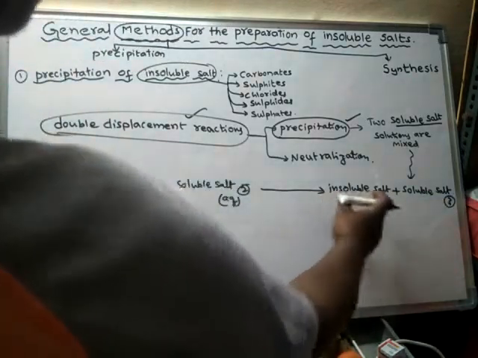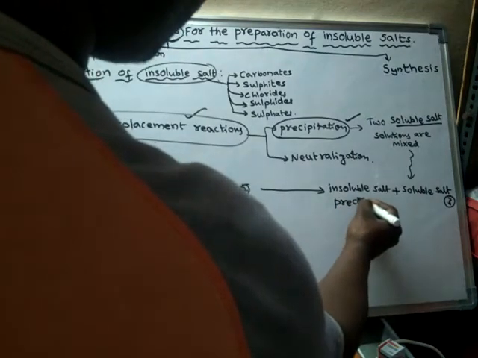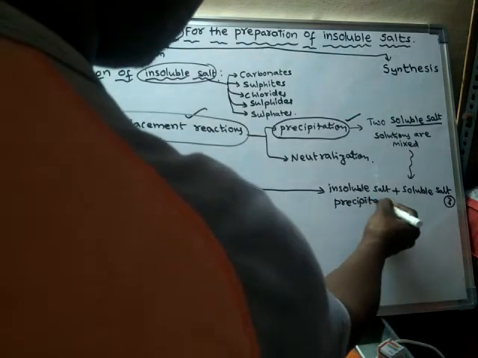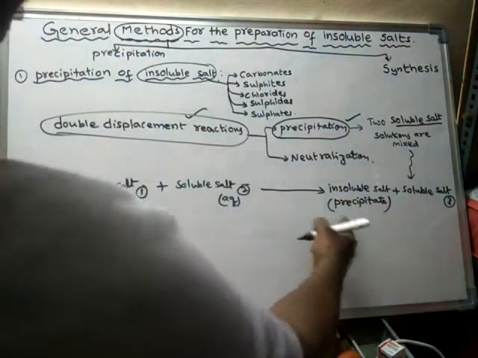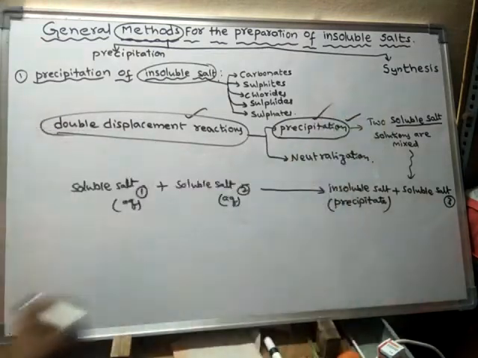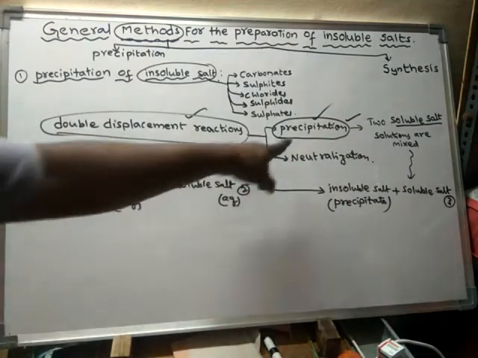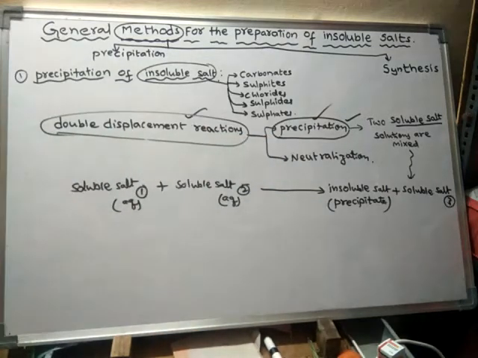The insoluble salt is called a precipitate. As a precipitate is formed in this reaction, this reaction is said to be a precipitation reaction. Precipitation reaction is one type of double displacement reaction.